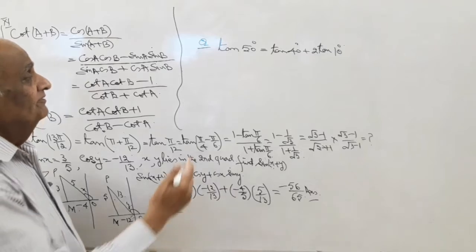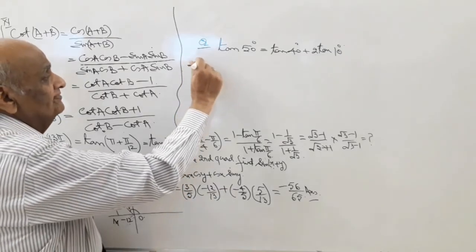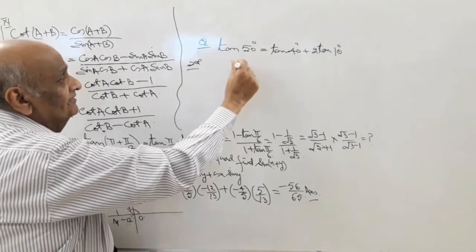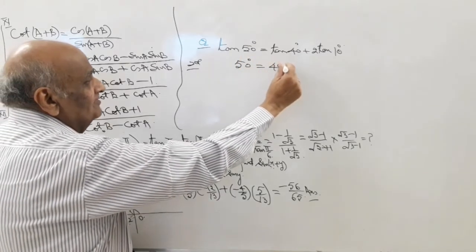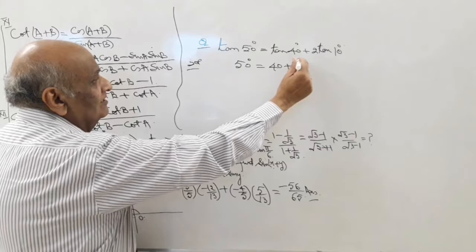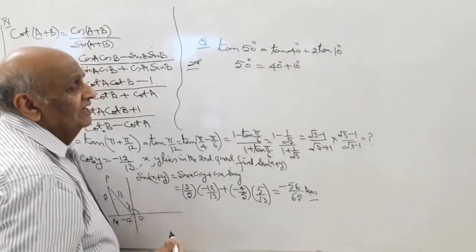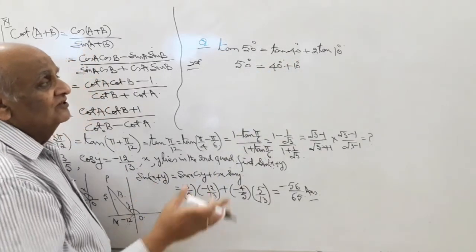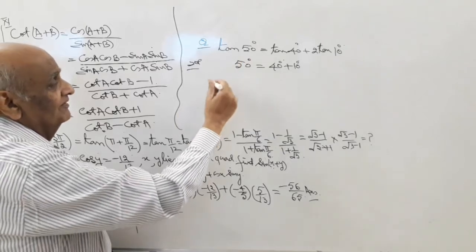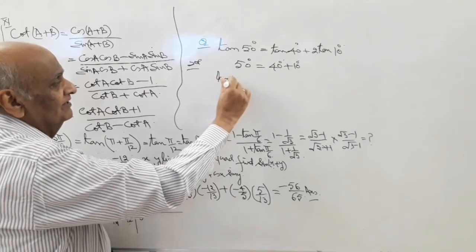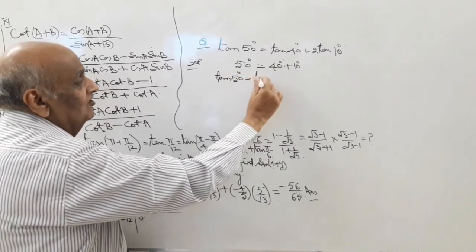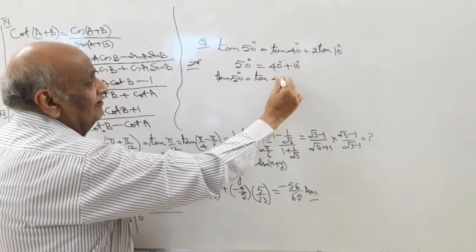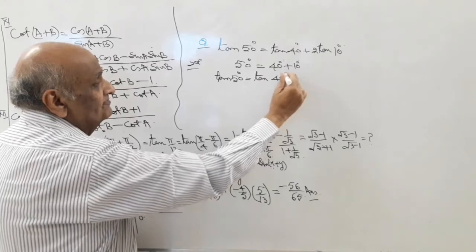Now see, in the solution, the system is that 50 degrees must be 40 plus 10. Keep those two angles which are given to us, and express the largest angle in terms of the other two. Therefore, tangent of 50 degrees is equal to tangent of (40 plus 10) degrees.